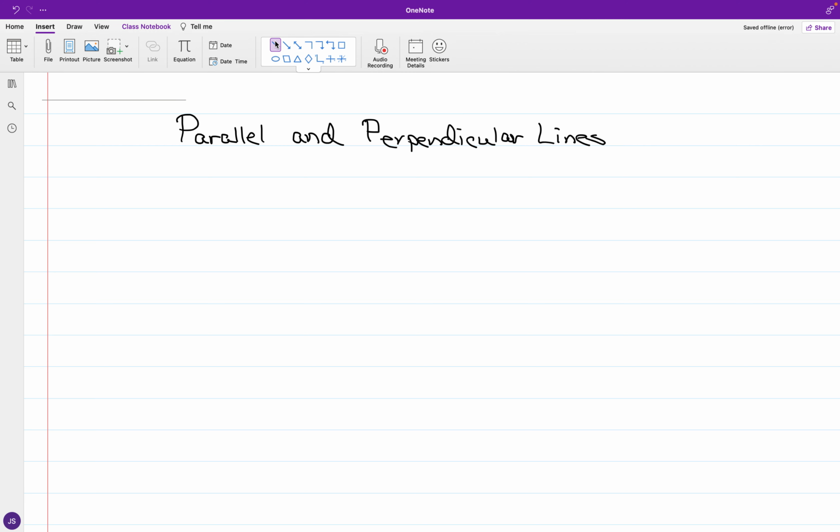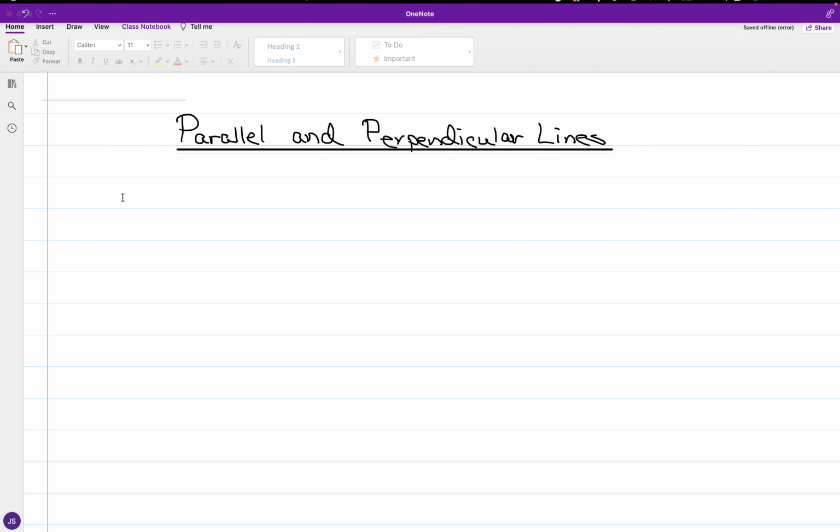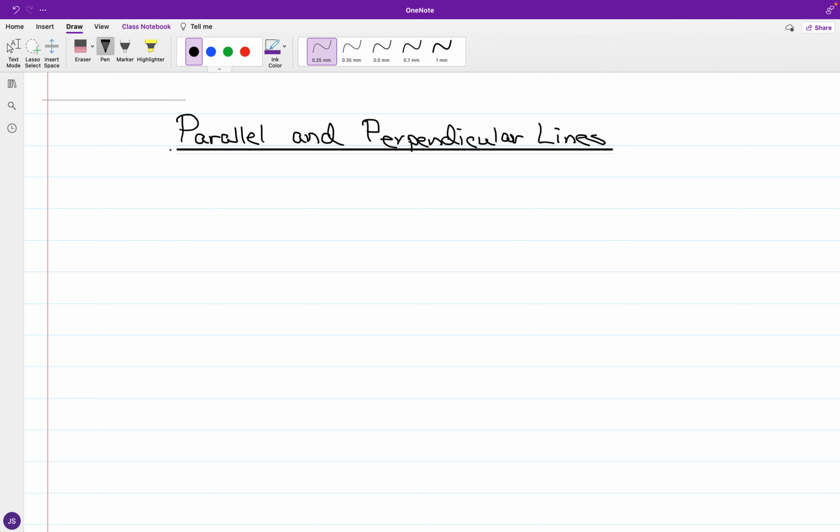And for what we have concerning parallel and perpendicular lines, okay, just some definitions here.